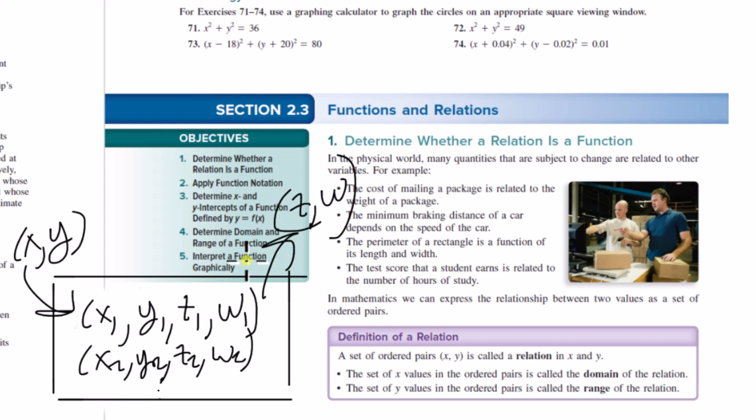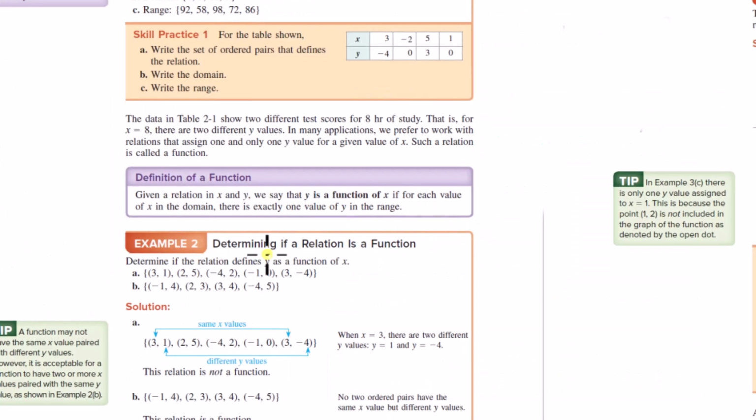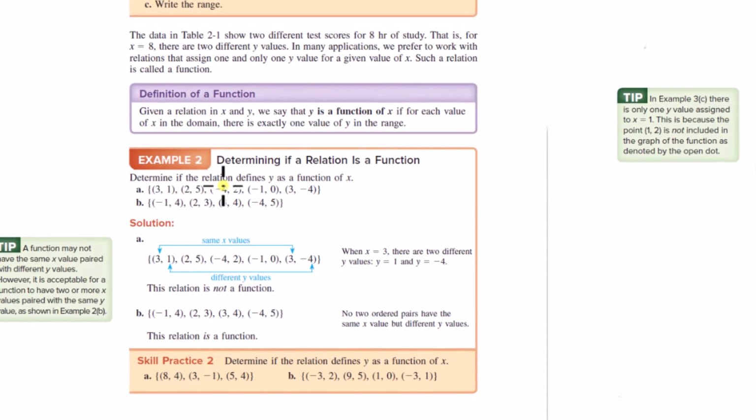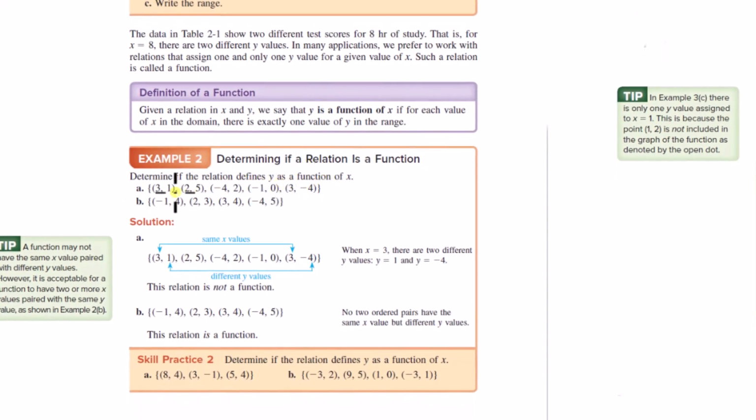You see? Okay, let's look at this example here. Determine if the relation defines y as a function of x. So part A, is this set of ordered pairs a function? Is this relation here a function? And we're going to assume that the first parameter is the input x, and the second parameter is the output y.